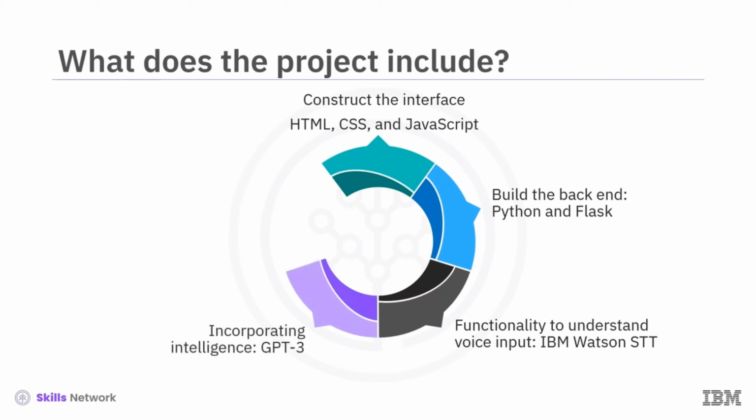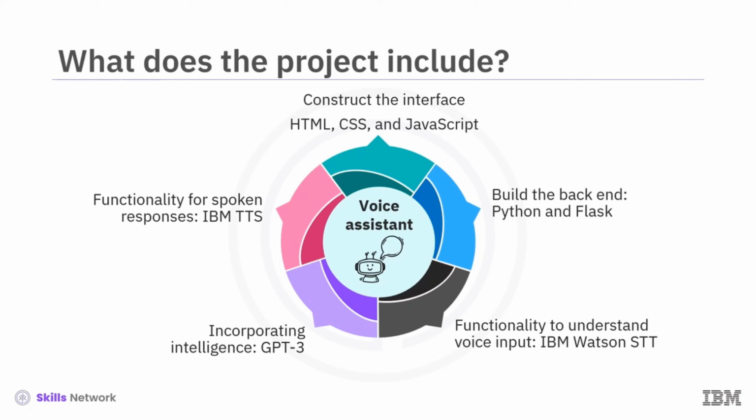Next, you will integrate GPT-3 for infusing intelligence into the chatbot. Further, you will integrate Watson text-to-speech to give the chatbot a voice for spoken responses. Once all components are combined, you will develop a functioning voice assistant that can take both text and voice input and provide both text and spoken responses.